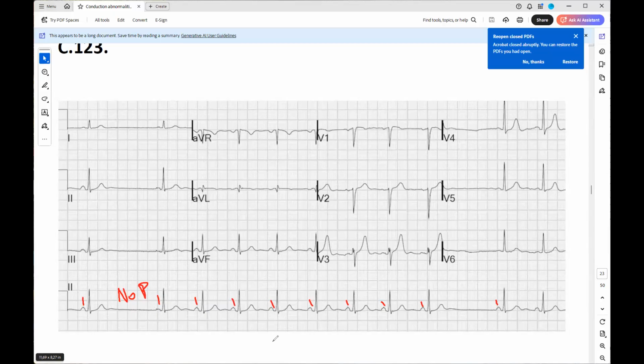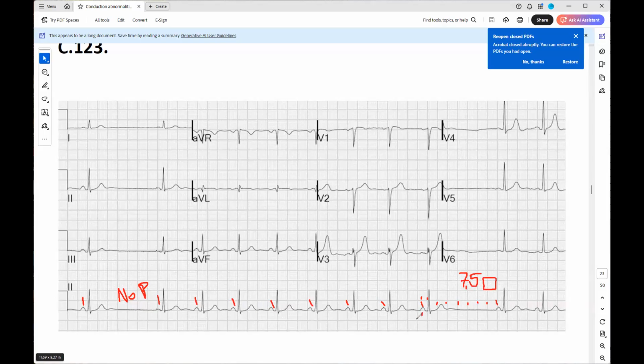Okay, fine. What we have to do, basically, we have to count how many squares we had between this P. I will count it: 1, 2, 3, 4, 5, 6, 7.5. Okay, 7.5 squares. How much is this one?